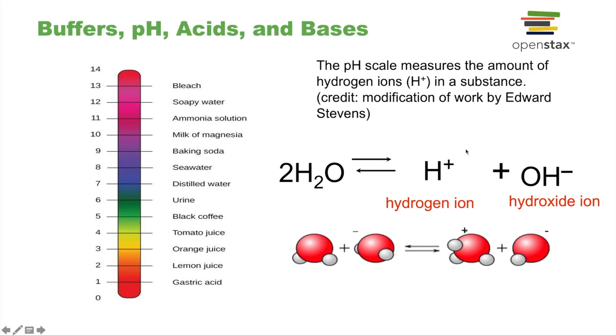So the concentration, the amount of hydrogen ions in bodily solution, in aqueous solution, is something that scientists keep a close eye on. And scientists have developed a scale which is called the pH scale, which goes from 0 to 14, to have a way of keeping track and measuring the concentration, the amount of hydrogen ions in solutions.